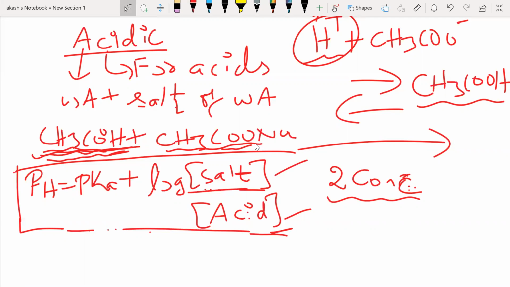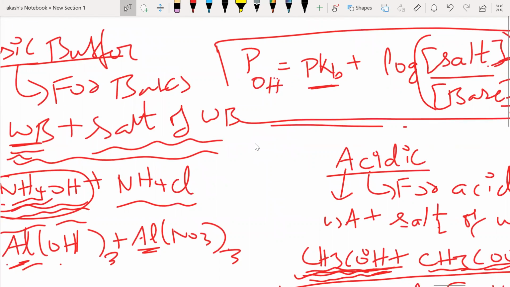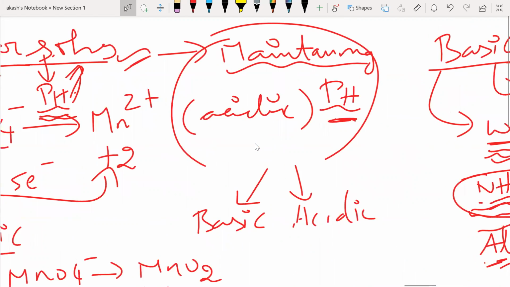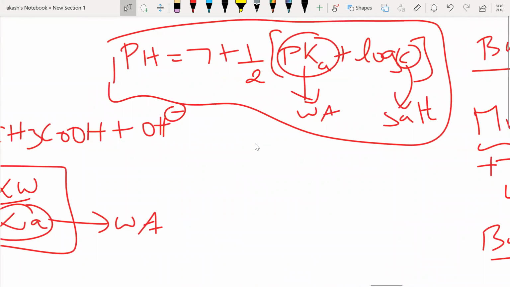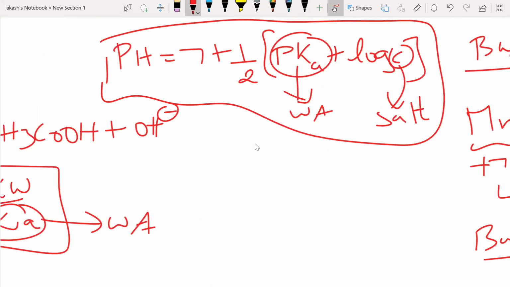But if you go to salt hydrolysis, let me show you. This is my basic buffer. You see, there is only one concentration required, and that's the salt concentration in the case of salt hydrolysis problems.